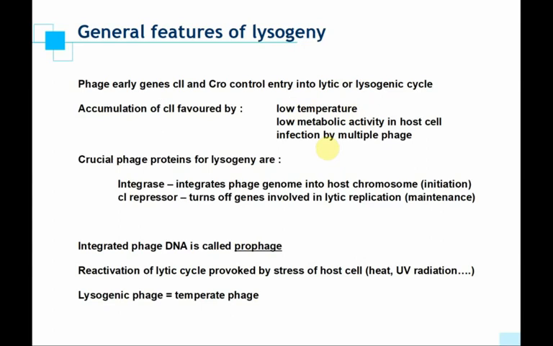That makes sense. However, if you've got poor growth conditions for the host bacterium, E. coli, then there's not much point in having a lytic replication cycle, because when you release all these progeny viruses, there won't be many bacteria around to infect. So it's a better strategy to just integrate into the genome, lie low for a while, and wait till the bacterium can start growing again, and then maybe reactivate a lytic cycle later.